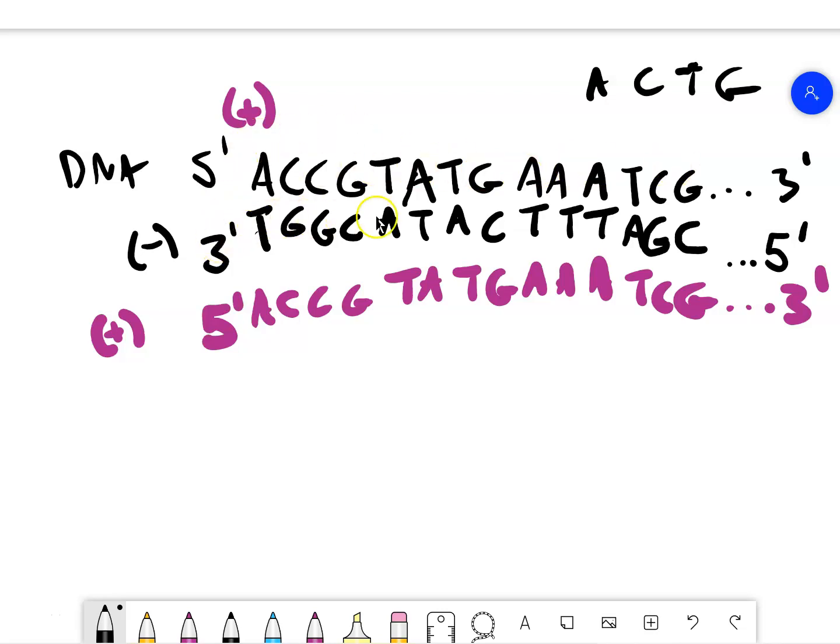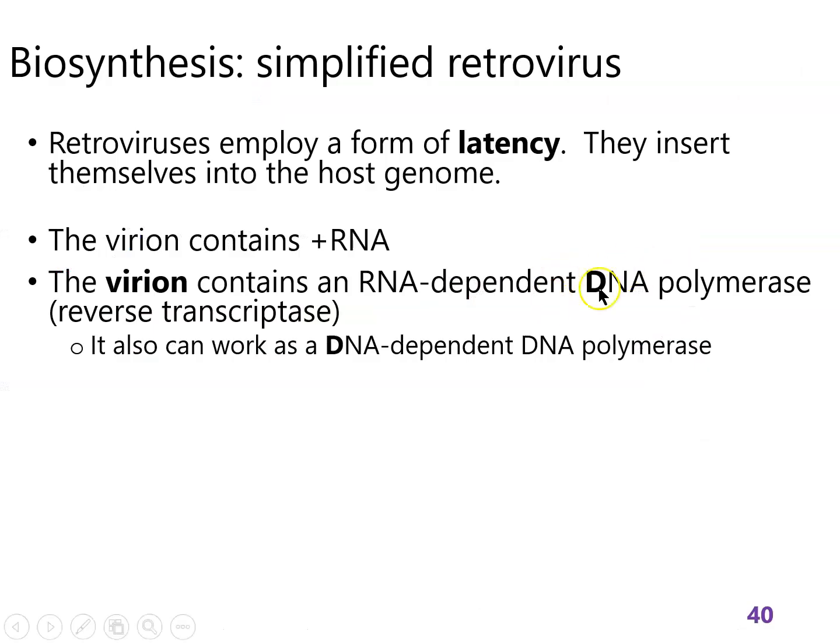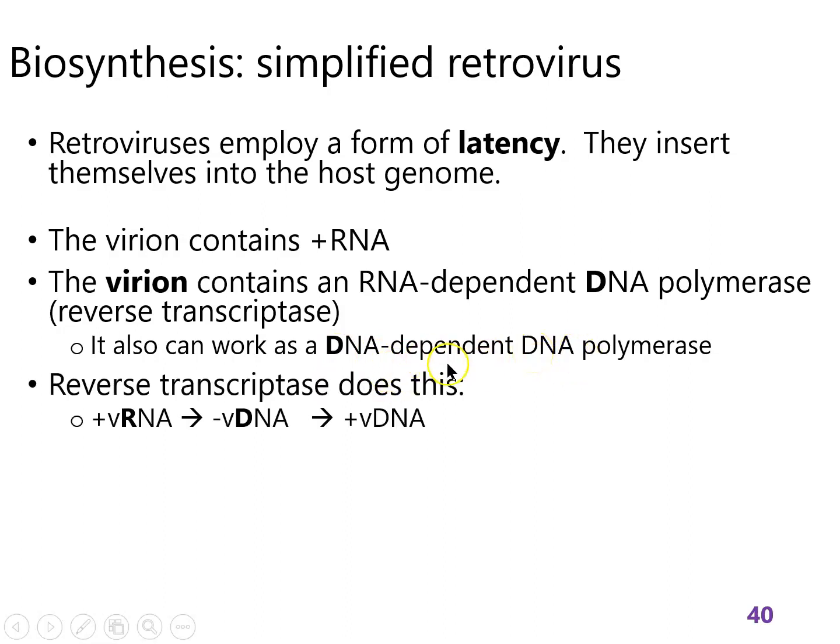They'd make this DNA strand, and then they'd need to make another DNA strand to make double-stranded DNA. DNA has to be double-stranded. And it turns out that reverse transcriptase also has to be able to do that second step. It needs to be able to do DNA replication. So reverse transcriptase does these 3 steps.